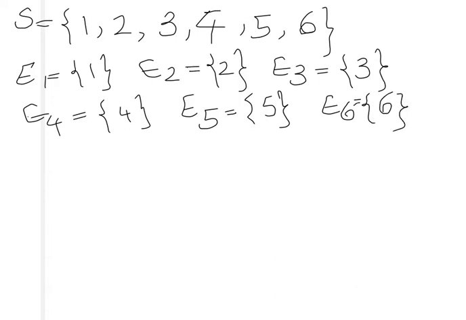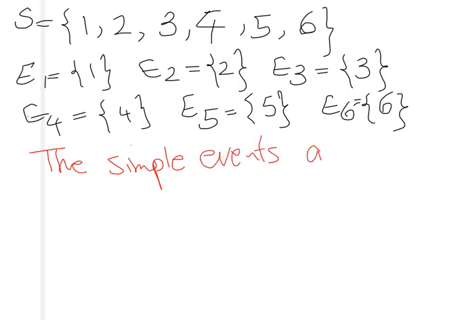You can see that the simple events are disjoint. Look at here. The intersection of E1 and E5 is empty. The intersection of E2 and E6 is empty. The intersection of E3 and E4 is empty. So the simple events are disjoint.